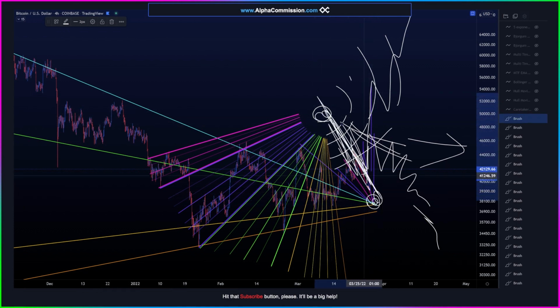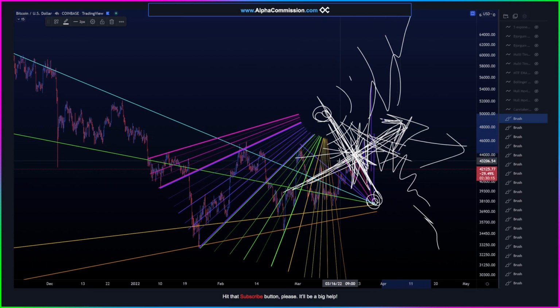One is pushing this way, one is pushing this way, and time is pushing to the side. So the average should be perpendicular, assuming that they have equal pressure, which we don't know. But assuming they have equal pressure, the average should be perpendicular to them and take us into this $46,000 region, which then we can have a chance to start building up.